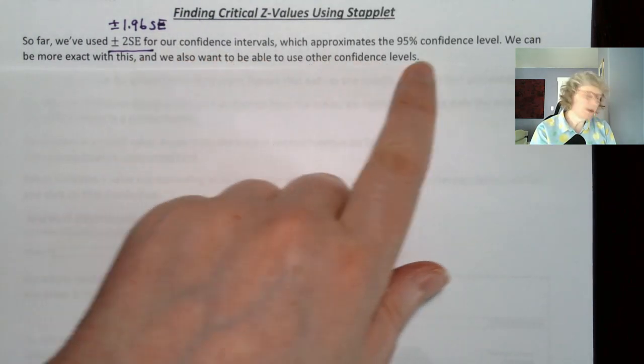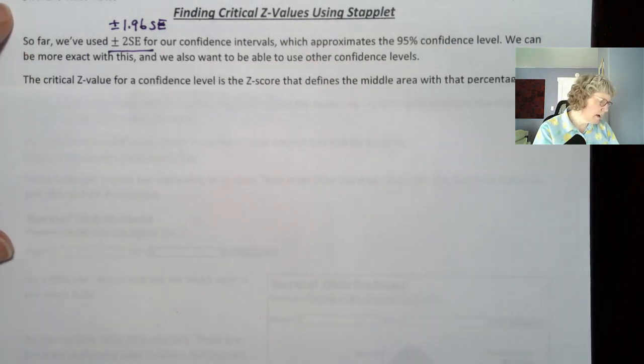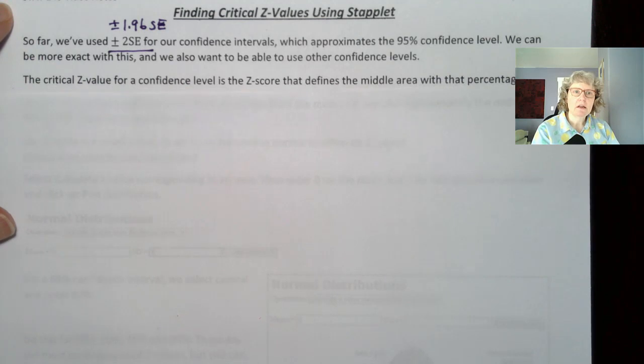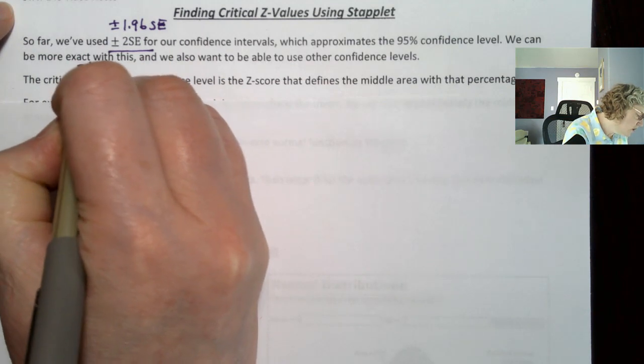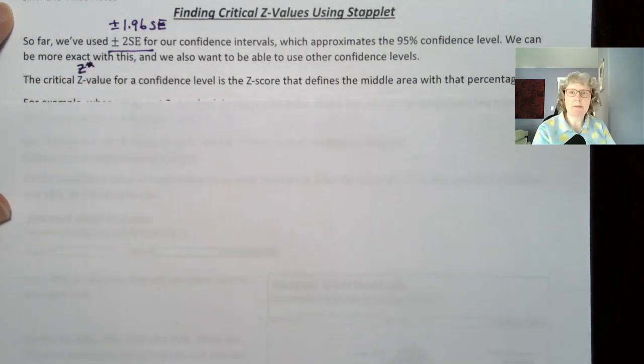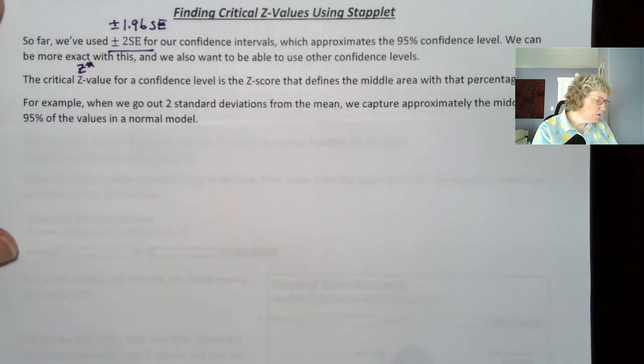The 2 is approximating the 95% confidence level. So we want to be a little more exact in our theory. The critical z-value, what I'm talking about is the z star in the formula. It's the z-score that defines the middle area with that percentage.